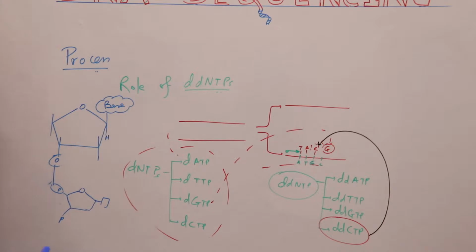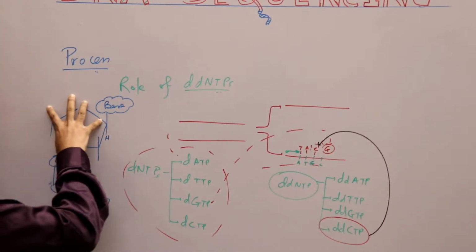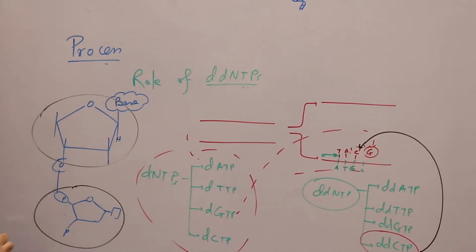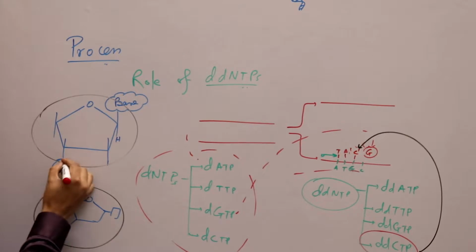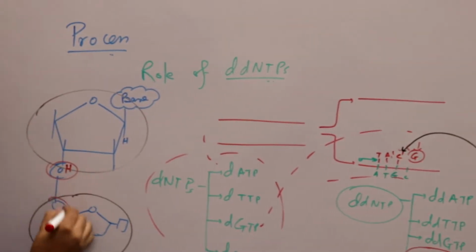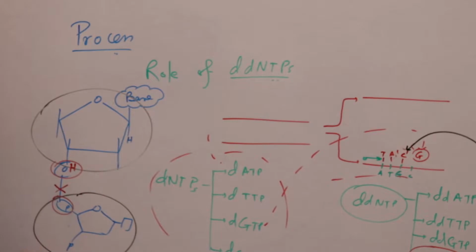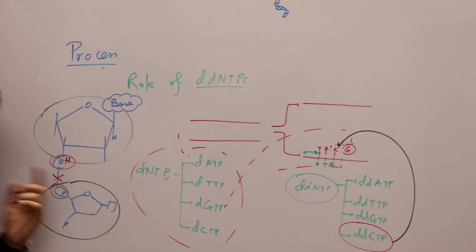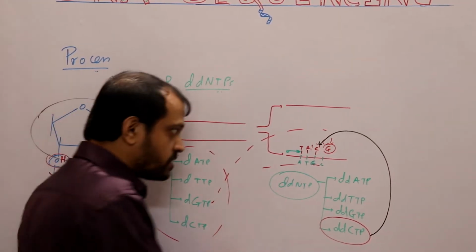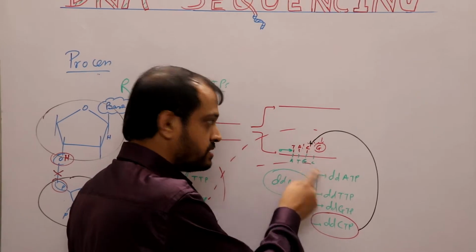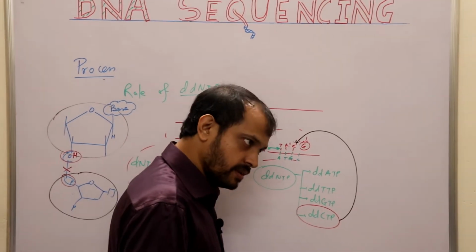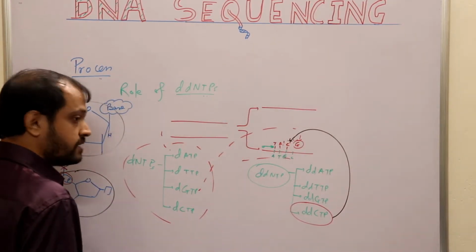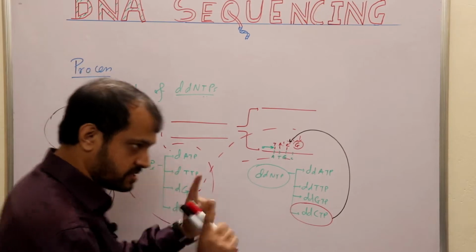This is the reaction between one nucleotide and another. If you don't have this OH group here, no oxygen and phosphate bonding will be there. In ddNTPs, instead of OH there is one H, so whenever ddNTPs are incorporated by DNA polymerase, then and there this whole reaction will stop. This is the importance. If you can't understand how these things are working, go and revise the DNA polymerase lecture, you will understand the basics.